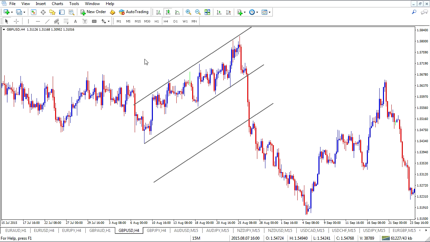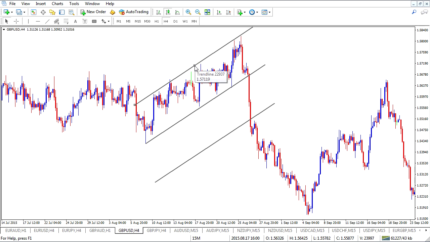Sometimes the channel isn't going to be 100% perfect. And if we see something that's similar, that is really closely related to a channel, and generally speaking, it doesn't matter if the market pokes through, doesn't quite get to it, pokes through, and so on. What we can do is limit the channel height to the closest movements.